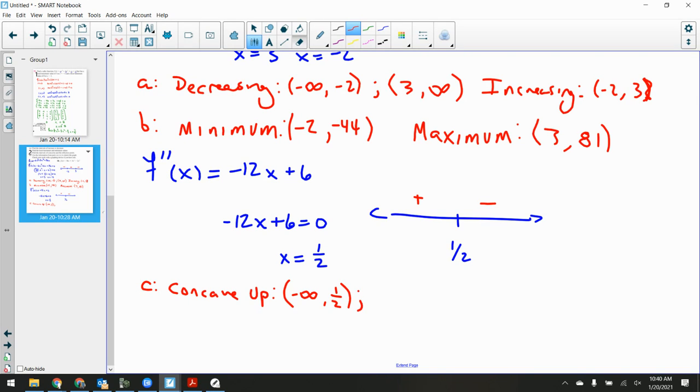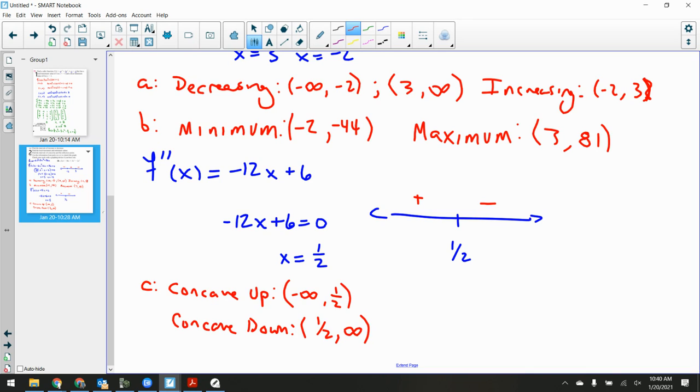And then it's going to be concave down from 1/2 to infinity. So that means it's an inflection point at 1/2.